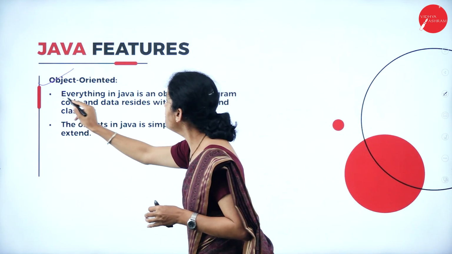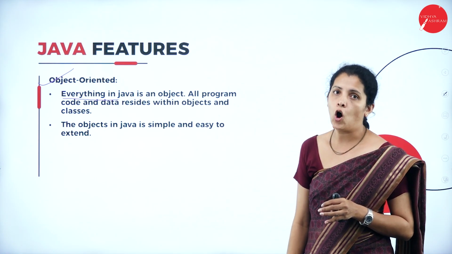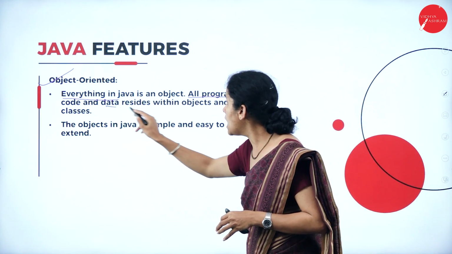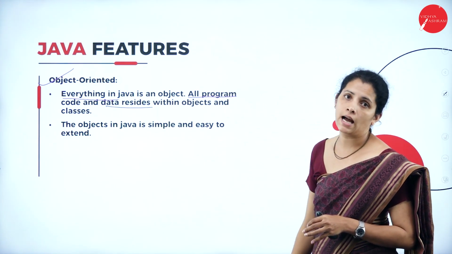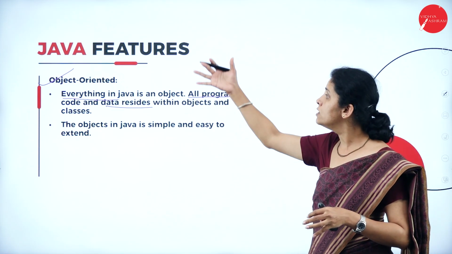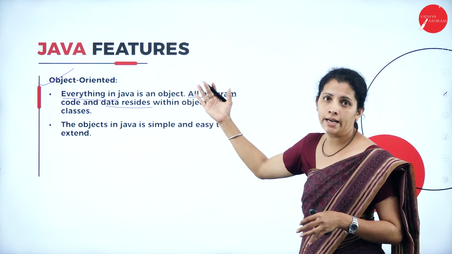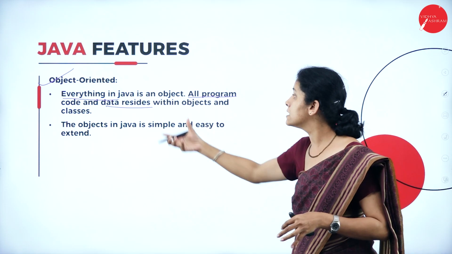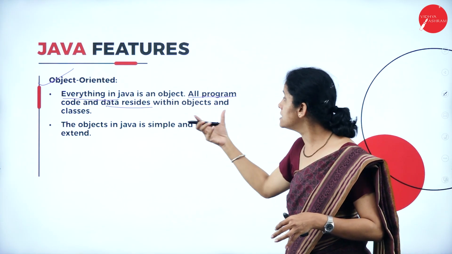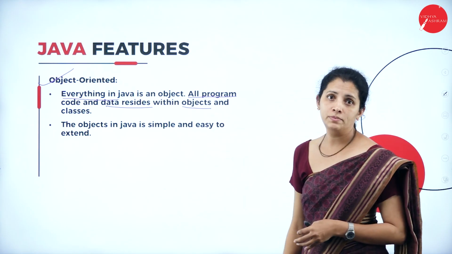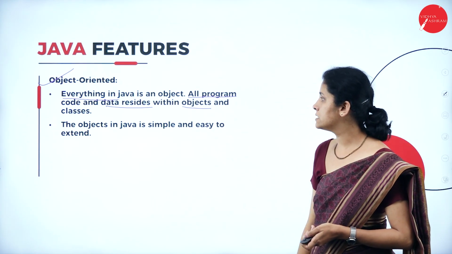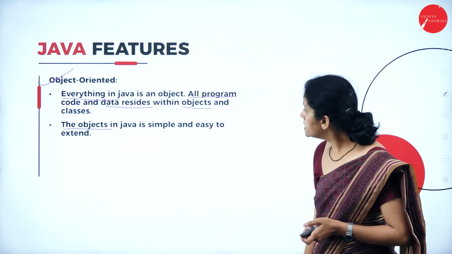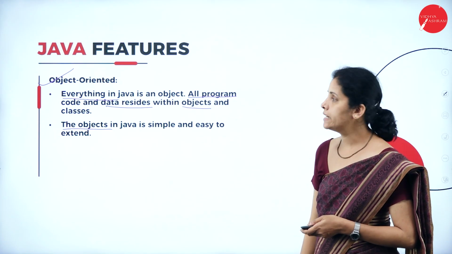So here everything in Java is an object. All program code and data reside within objects and classes. If I go with the object oriented concept, then all the code as well as data reside in the objects as well as classes, and objects in Java are simple and easy to extend.